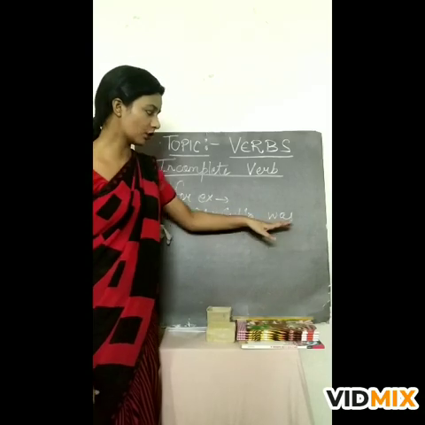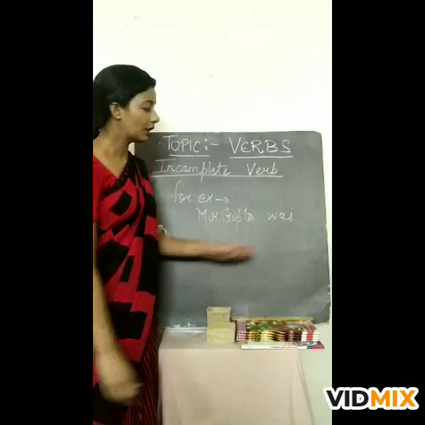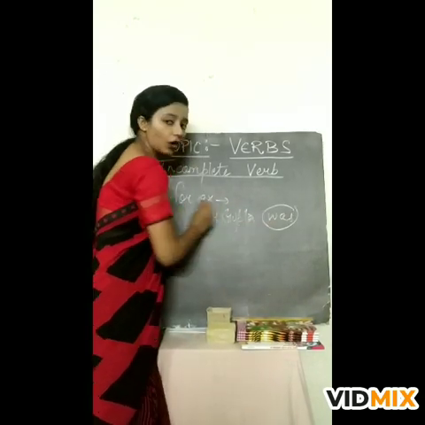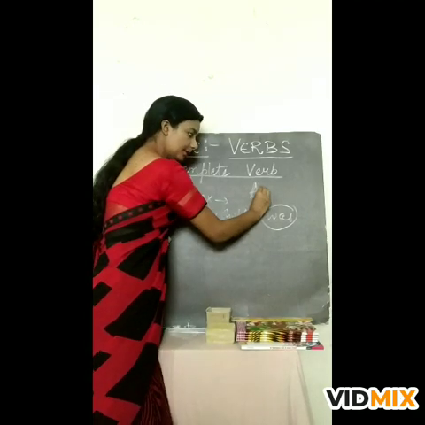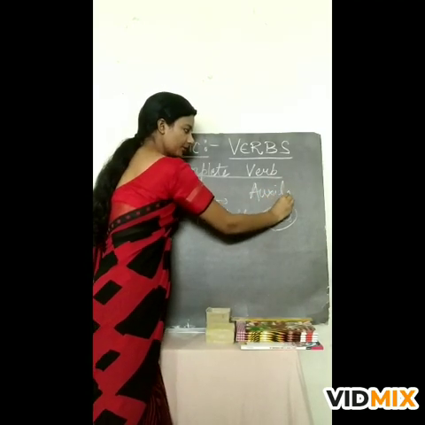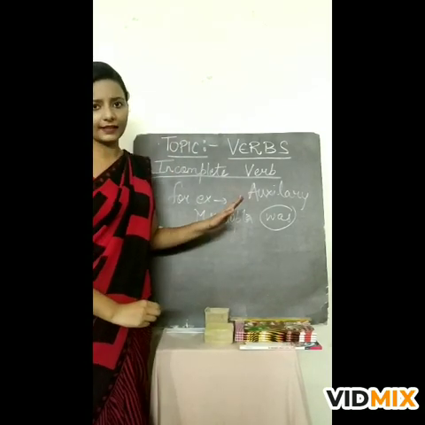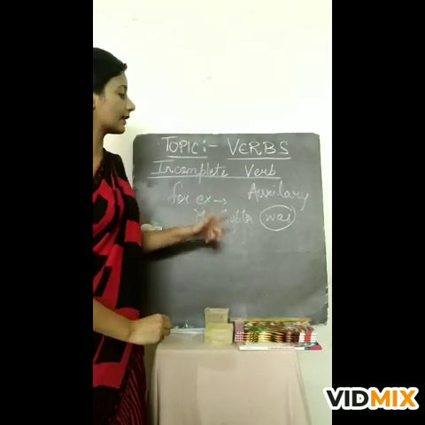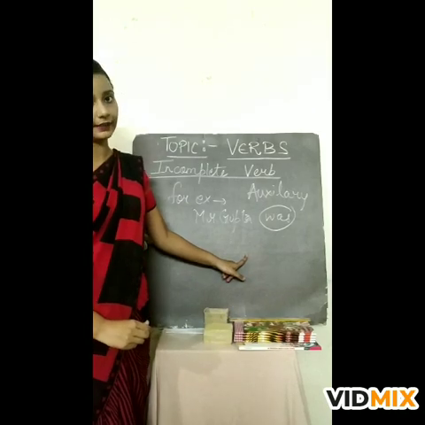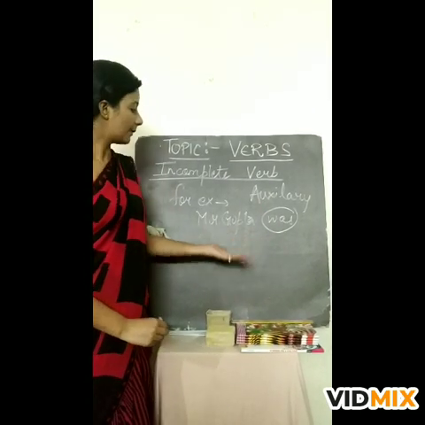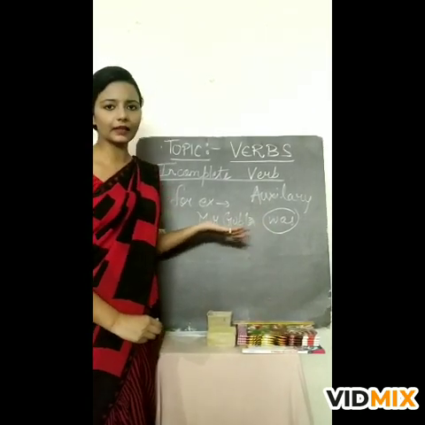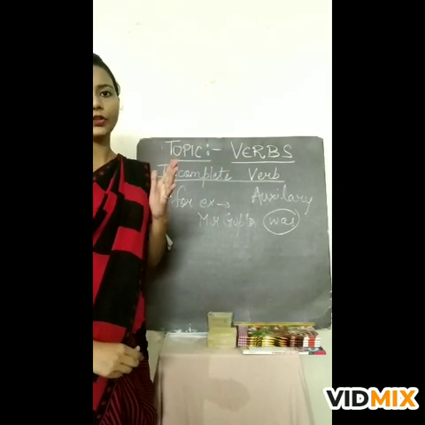Yes, in this sentence also a verb is given to you, that is was, and was is an auxiliary verb. So if I say this is a complete sentence, no students, this is not a complete sentence. Why? Because this sentence is not making a complete sense to you all.